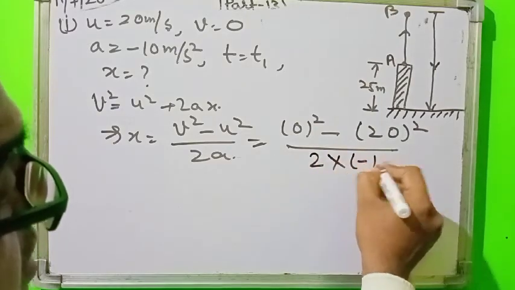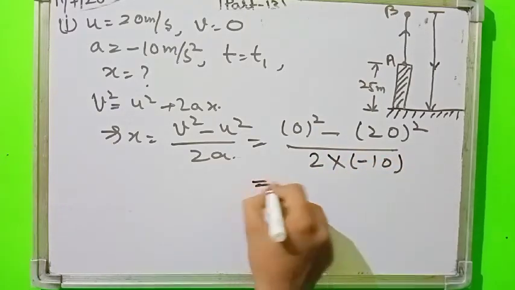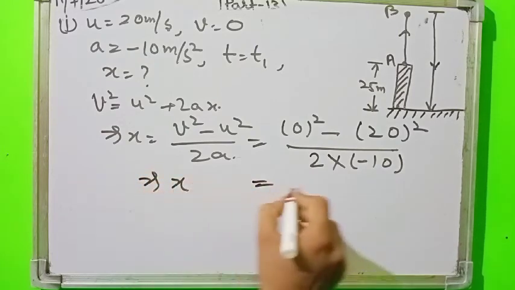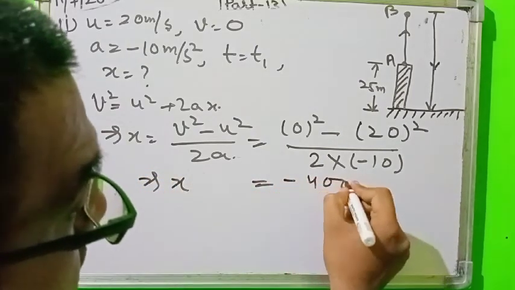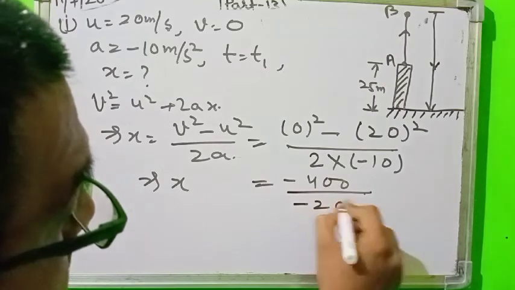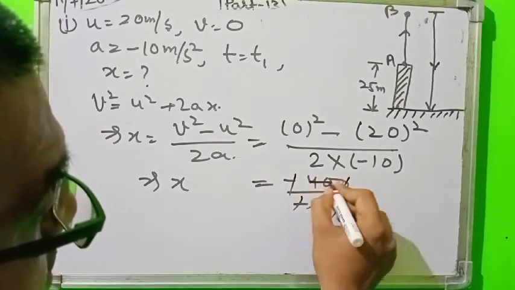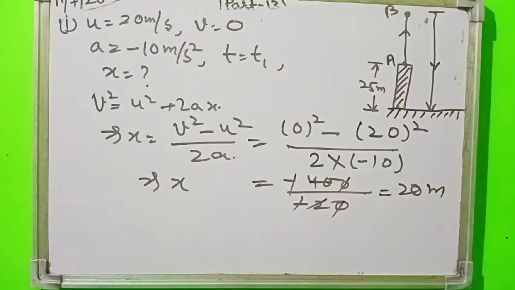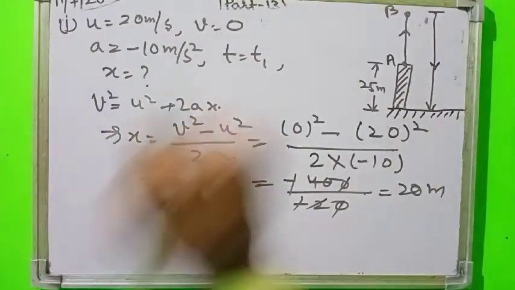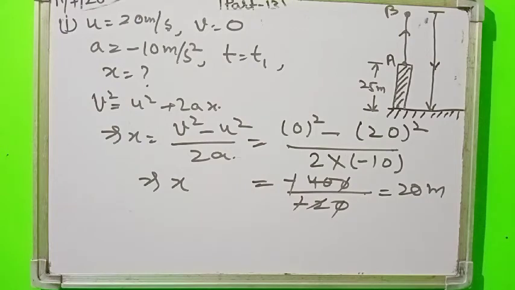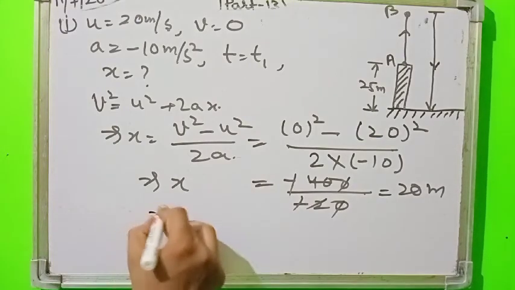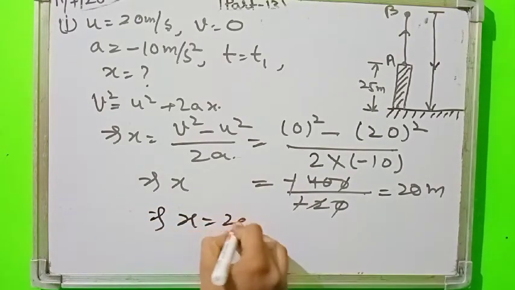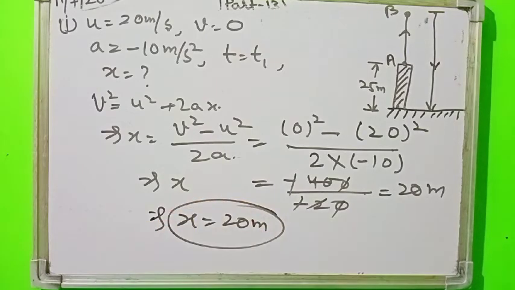It becomes x is equal to minus 400 upon minus 20, so x is equal to 20 meters. This distance we have found.